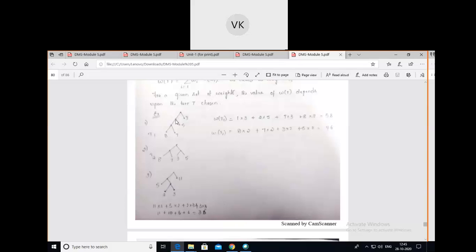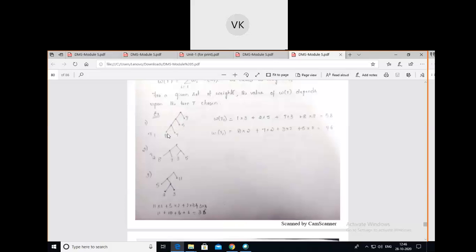Before that we should know the level of each and every node in the tree. You see here 8, 7, 5, 3 are the leaves of the tree, with weights 3, 5, 7, 8.